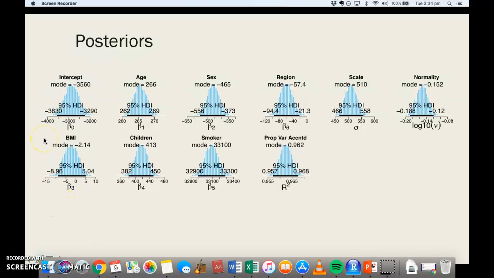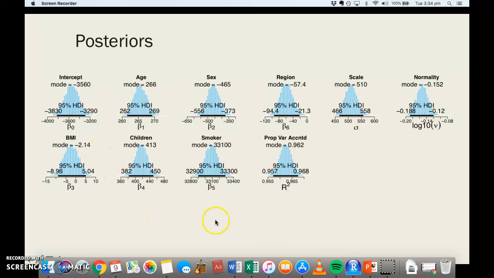But other than that, all the others are far from 0 and don't contain 0 in the 95% interval. So we can say that all of those variables other than the BMI are significant in the model. They're a significant part in explaining the change in the cost of insurance, but perhaps not the BMI.